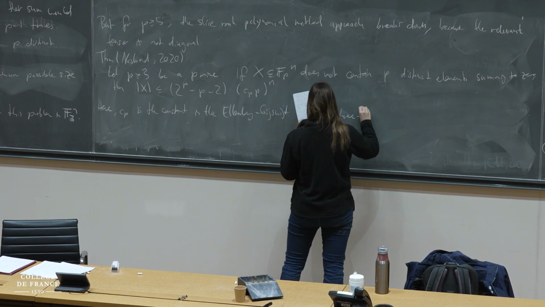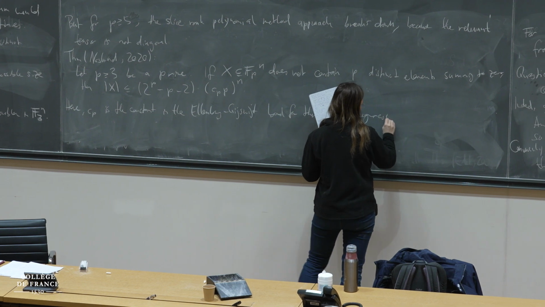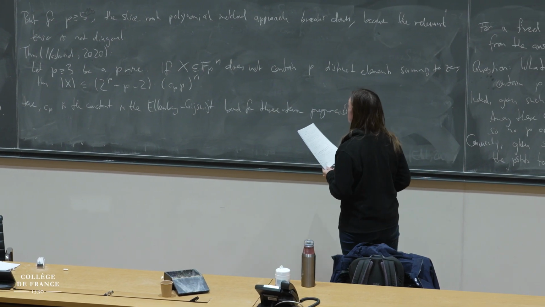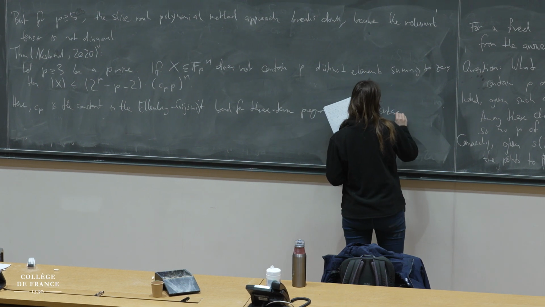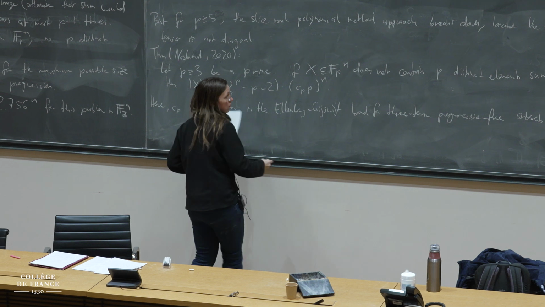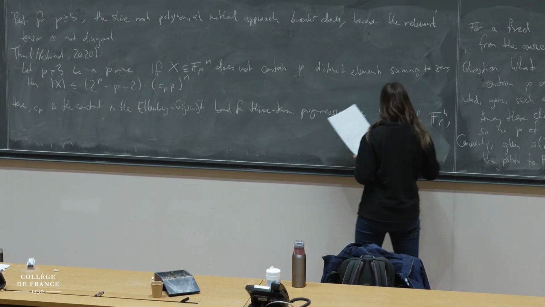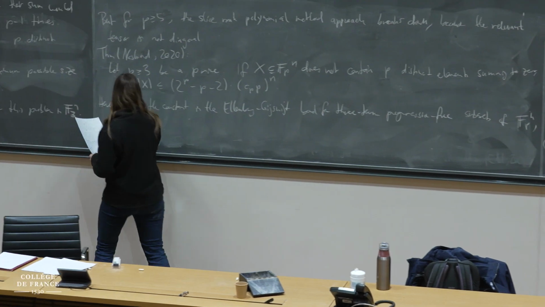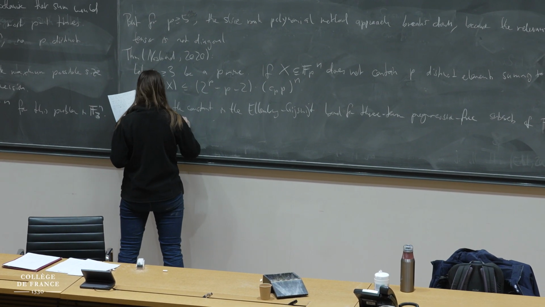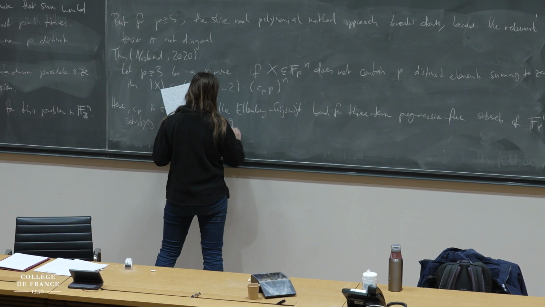for 3-term progression-free subsets of F_p to the n, satisfying 0.84 is at most C_p is at most 0.92.